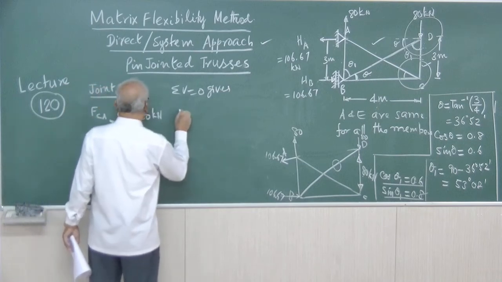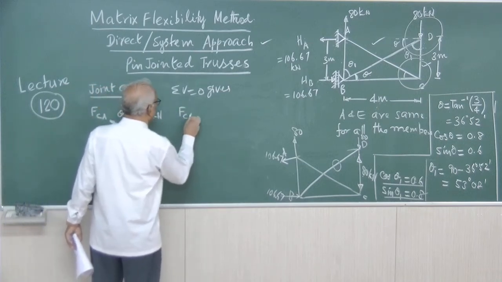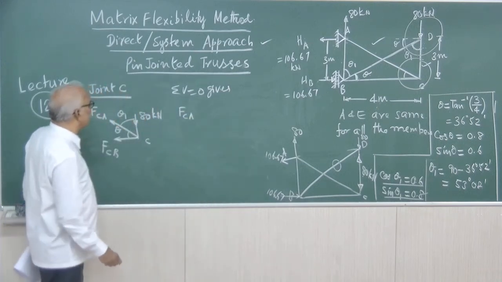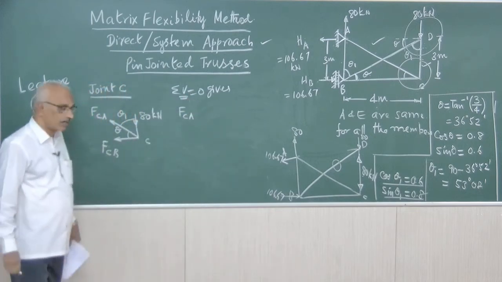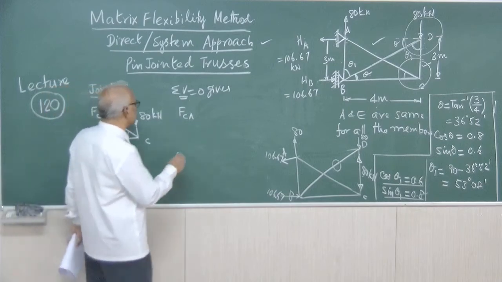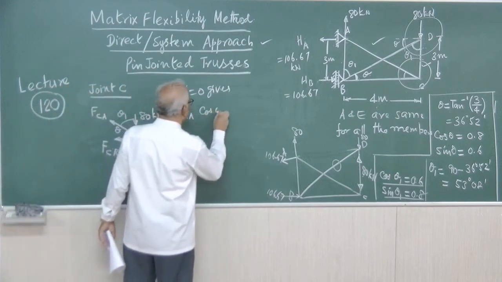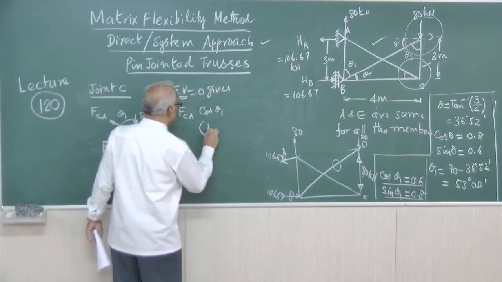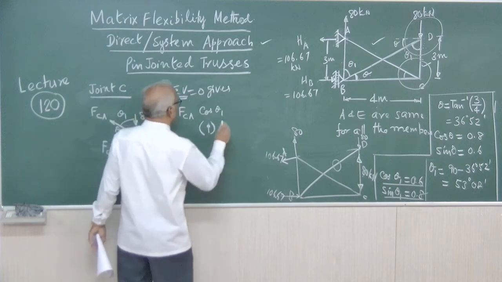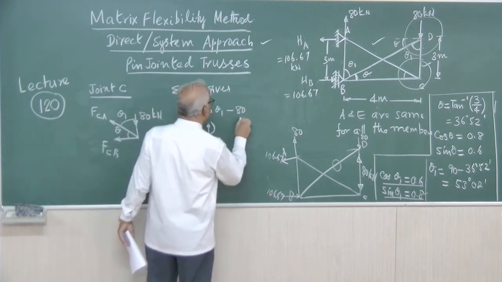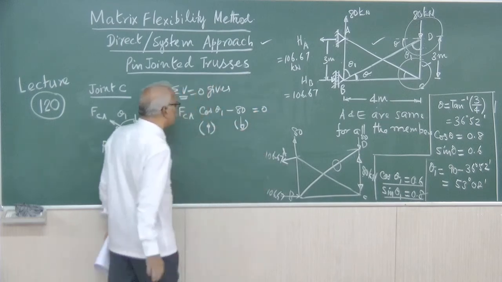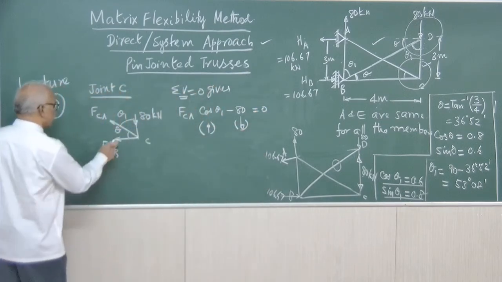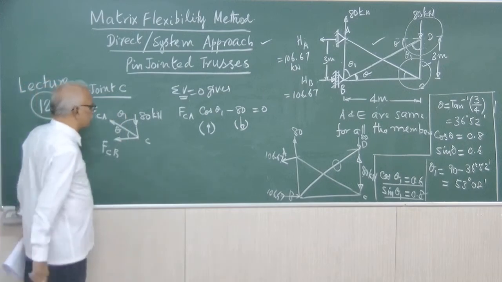Therefore, FCA, when you want a vertical component, into cos of its angle with the vertical, therefore FCA cos theta 1, this is in the vertical direction, minus 80, that is 80 is in the downward direction, is equal to 0. There is no other force, no reaction. That is the equation.